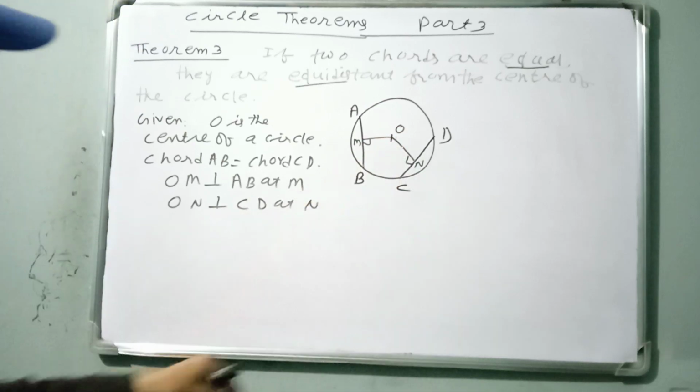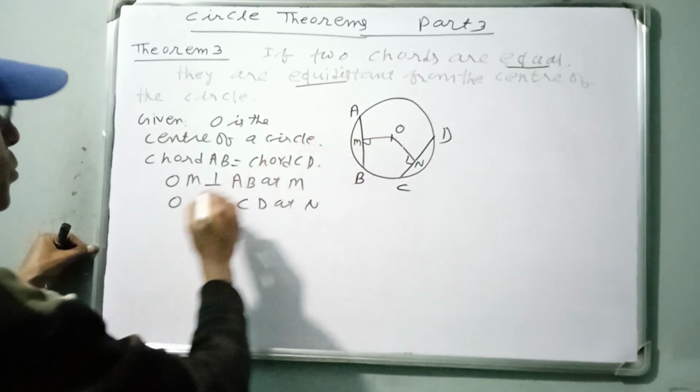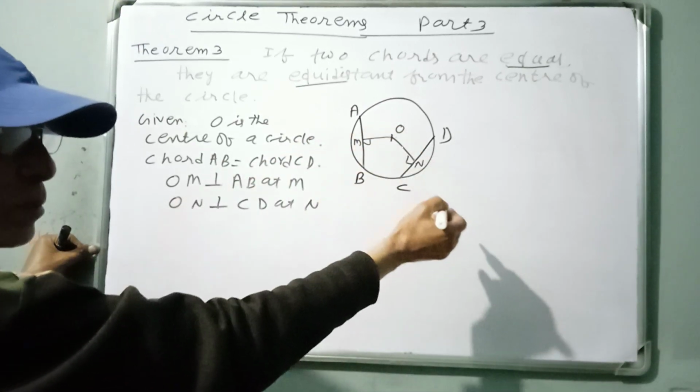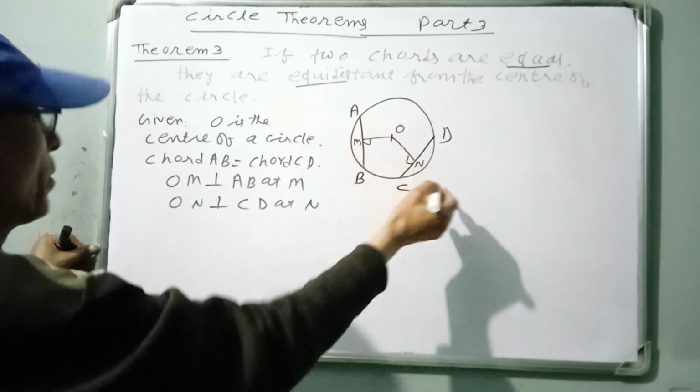It means perpendiculars OM and ON are equal.